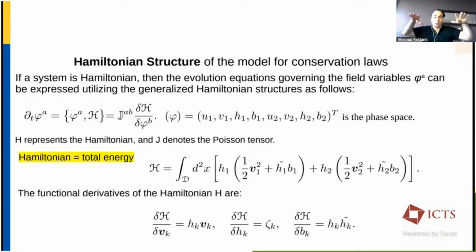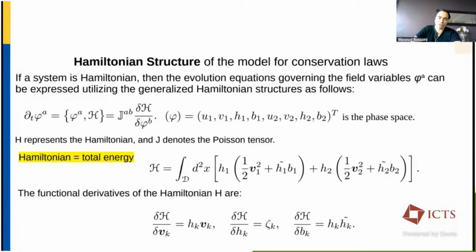So the downdraft in our system is not uniform. Wherever there's a condensation, close to this condensed region, we have more downdraft, but once we go far away, it goes down. So it's not uniform like the classical parametrization. So as you see, we have a Hamiltonian structure for two layers.